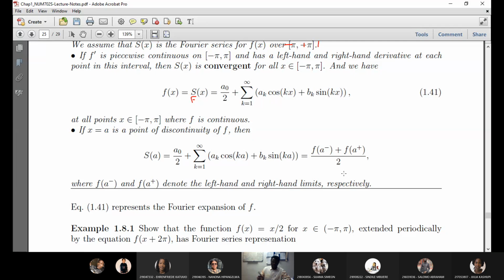What does that mean? It means, I will write it here, that a plus or minus, or I can start with minus, and it doesn't matter, is equal to the limit of f of x, when x tends to a.